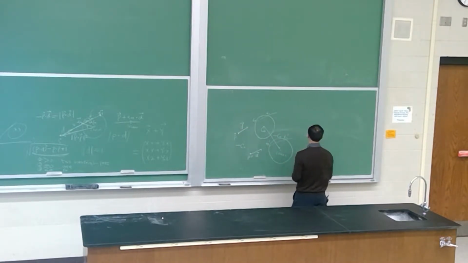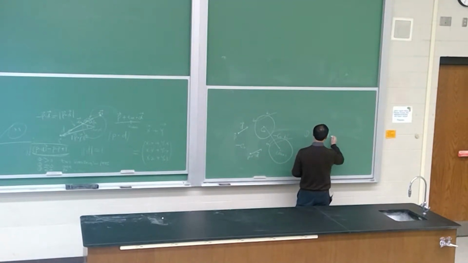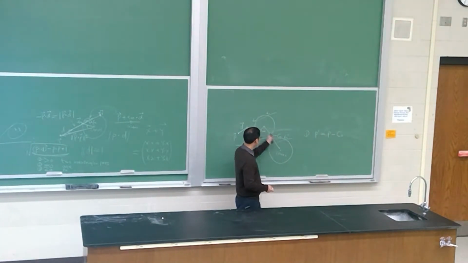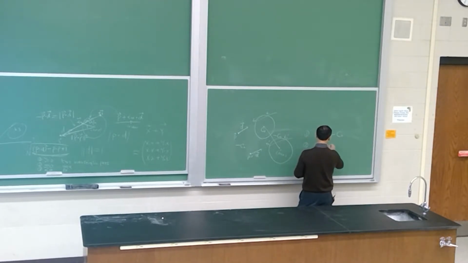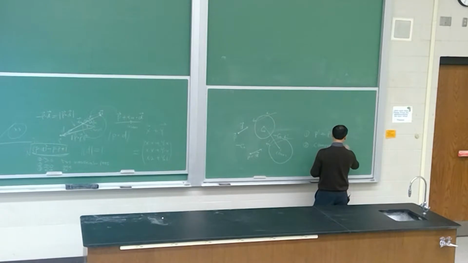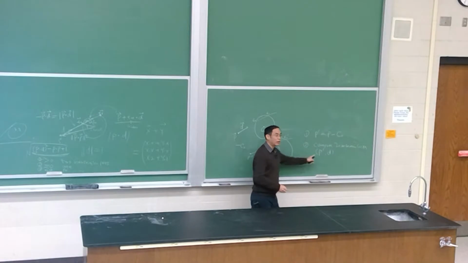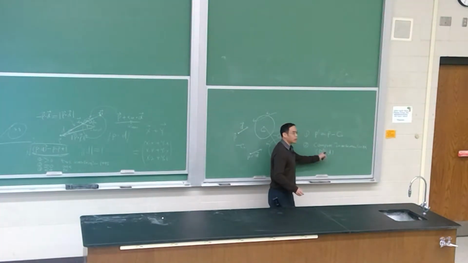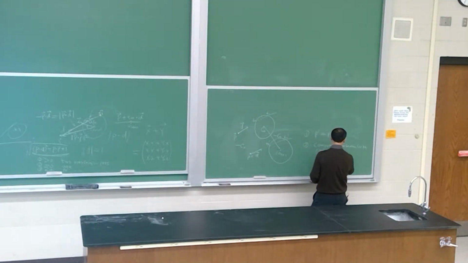So here are the 3 steps you have to do. First, P prime equals P minus C0. That's the translation. Then second, compute the intersection with P prime and D. Remember, we're using P prime, but the direction is the same as the original direction D. So P prime, D, and the sphere.